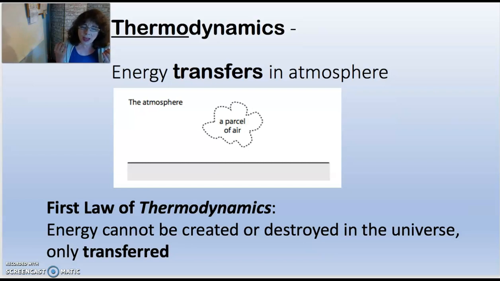And we talk about what we perceive and what we see as energy in the atmosphere, and then we apply mathematical constructs to it, and we call those mathematical constructs scientific laws, and they have a lot of math behind it. This law, the first law of thermodynamics, has an enormous amount of math behind it, but we can describe the law, and it's easy to remember the description that energy cannot be created or destroyed, only transferred.